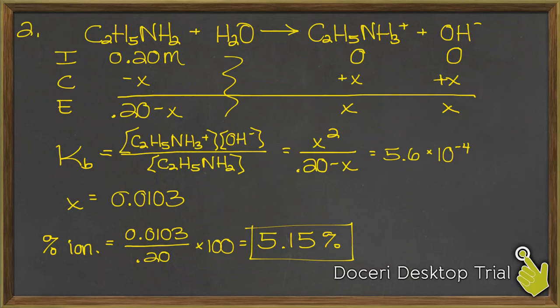So here's number 2. Notice the setup is exactly the same, except I'm not solving for a pOH and then a pH. I'm solving for percent ionization.